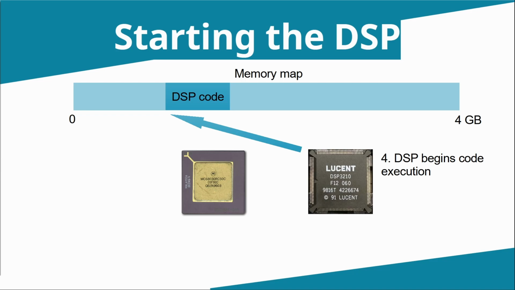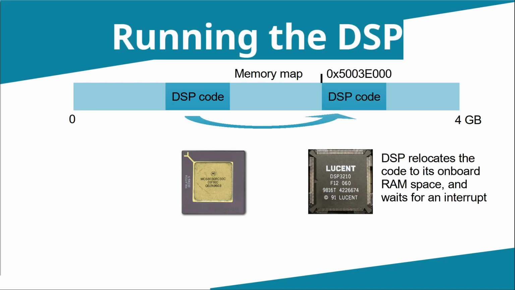Now, what happens next depends on what you've coded, but typically what I do in my programs is to then relocate the DSP code that's critical to whatever our application is into its own onboard RAM space.